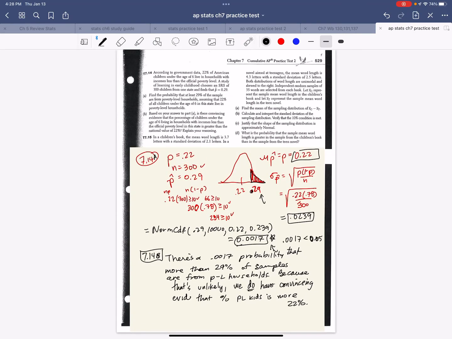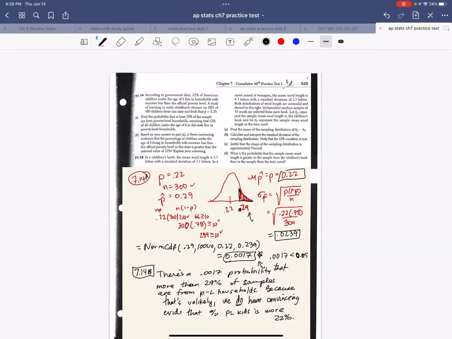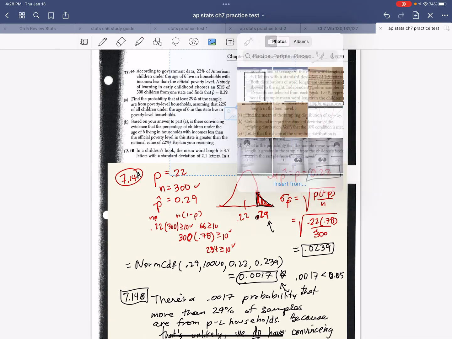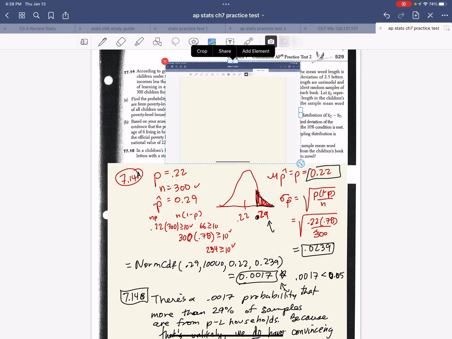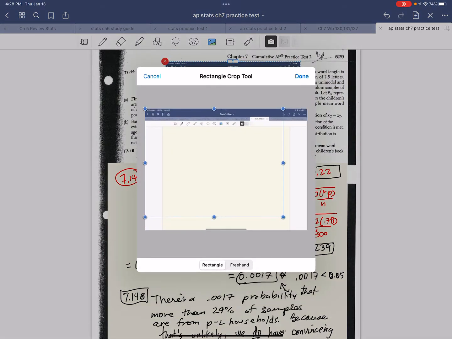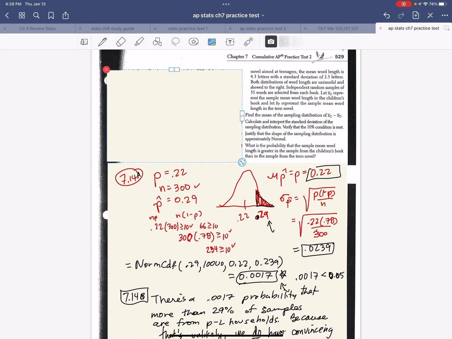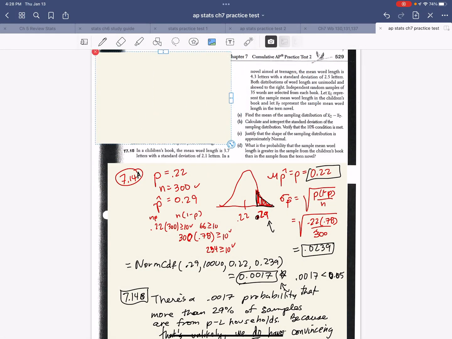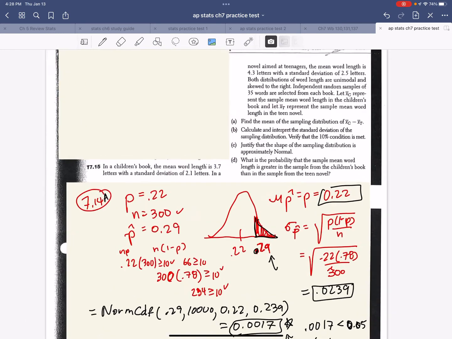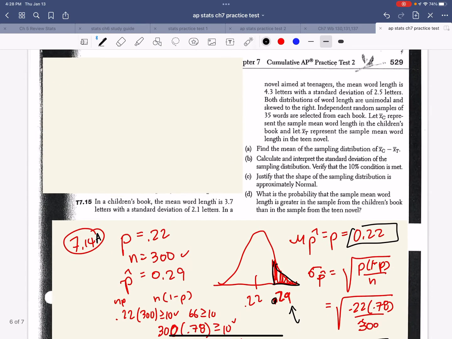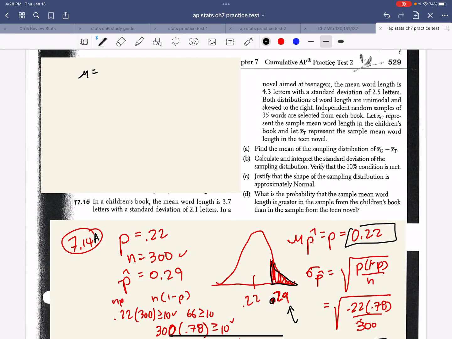All right, question number 15. I'm going to have to add in a little bit of my drawing space here. All right, it says in a children's book, the mean word length is 3.7 with a standard deviation of 2.1.